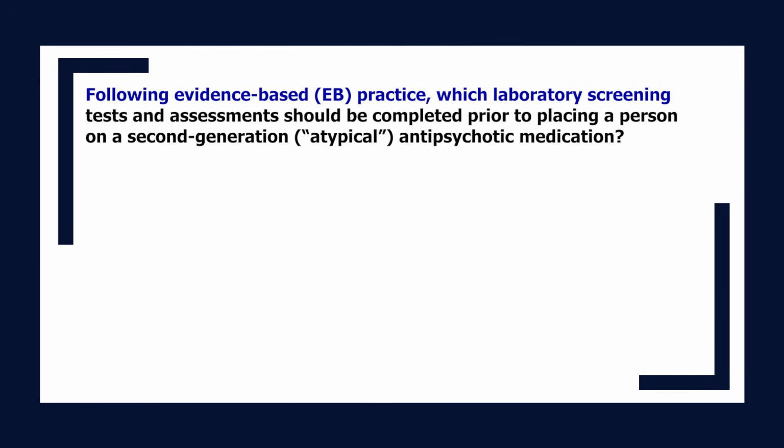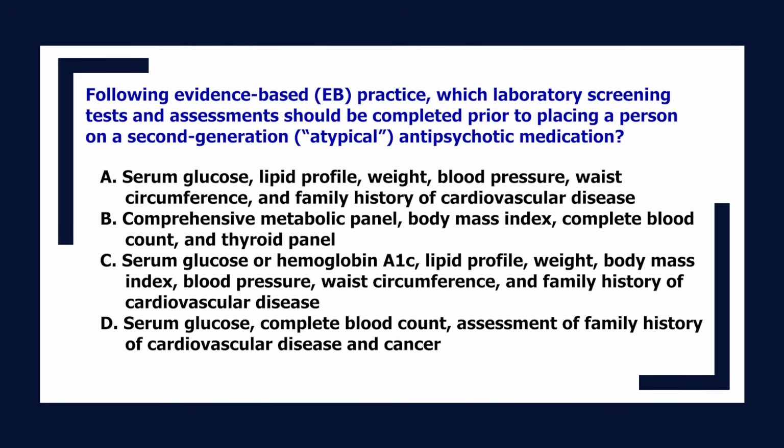Following evidence-based practice, which laboratory screening tests and assessments should be completed prior to placing a person on a second-generation antipsychotic medication? A. Serum glucose, lipid profile, weight, blood pressure, waist circumference, and family history of cardiovascular disease.